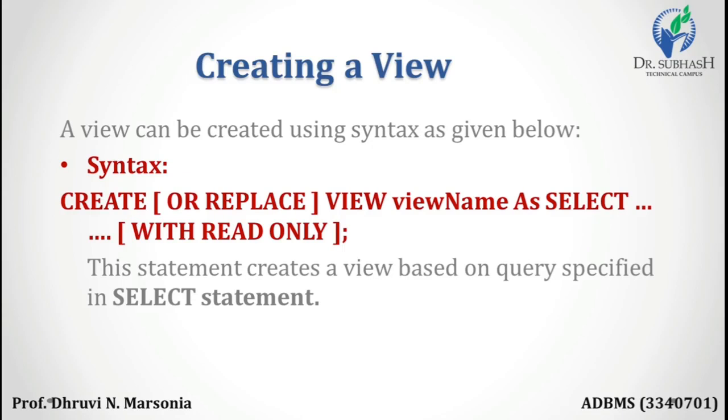Now we will see a one-by-one explanation of the syntax. This statement creates a view based on the query specified in the select statement. If I want to create a view on the student name, then I select the student name.